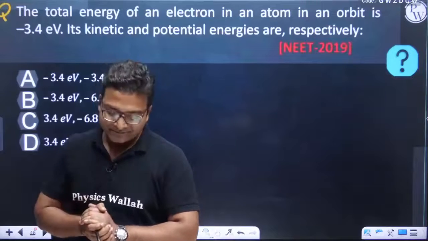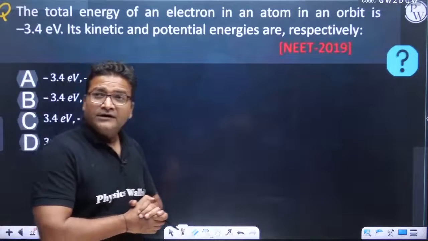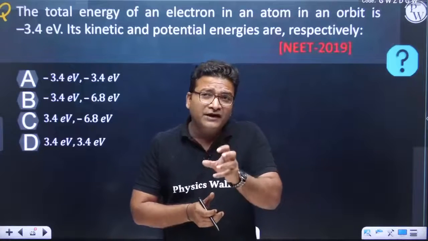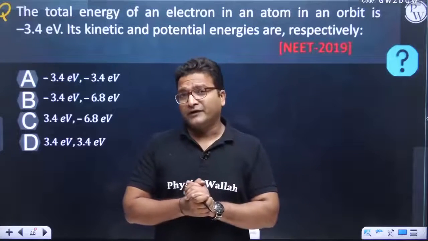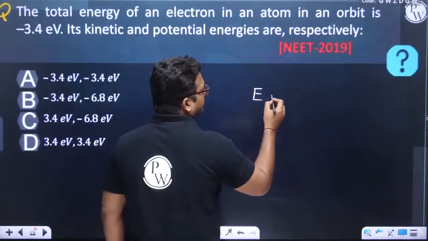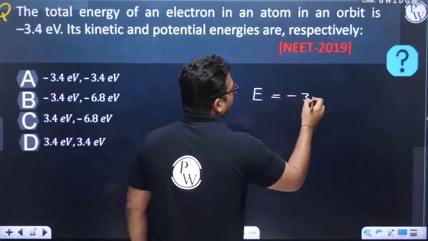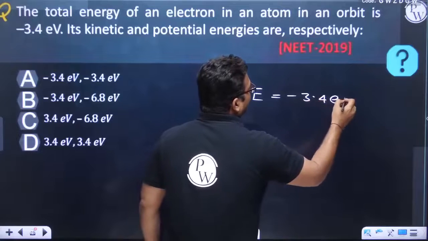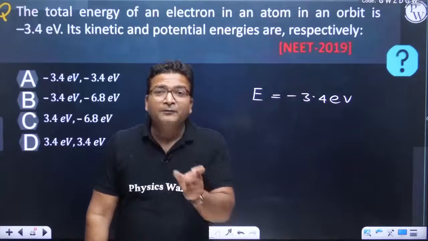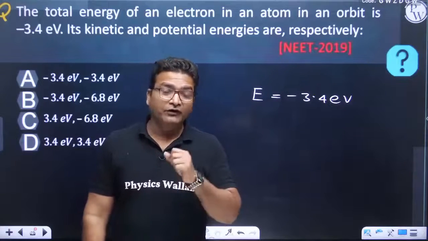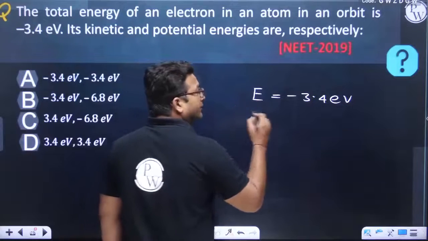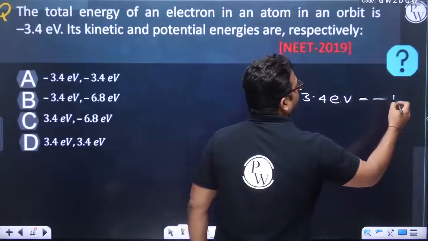Next question. They say the total energy of an electron in an atom is minus 3.4 electron volt. Let us see what the kinetic and potential energies are. As you know, the total energy is equal to negative of the kinetic energy.